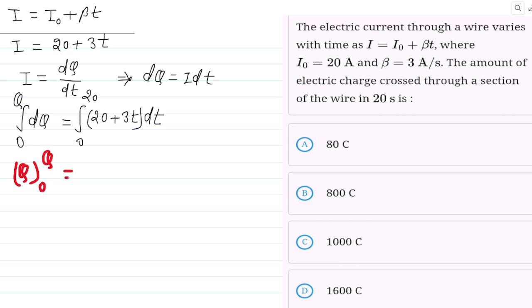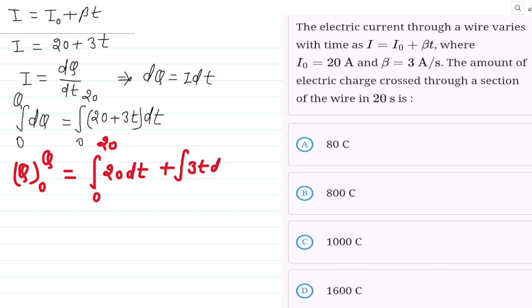Separating the terms, the second part is integration of 20 dt plus integration of 3t dt, with limit 0 to 20.